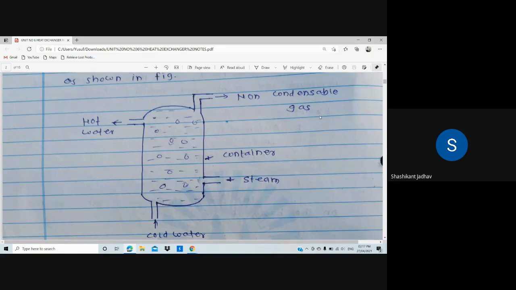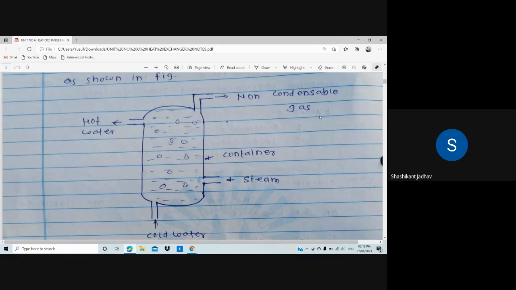Okay, so in the nature of heat exchange process, first is direct contact heat exchanger. Okay, all of you draw this diagram.